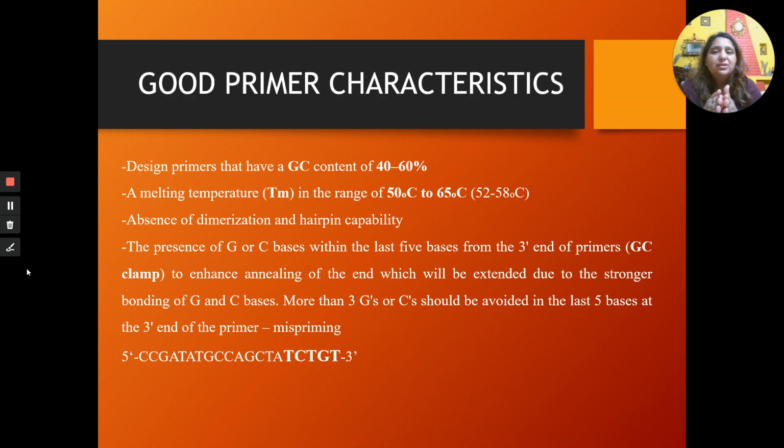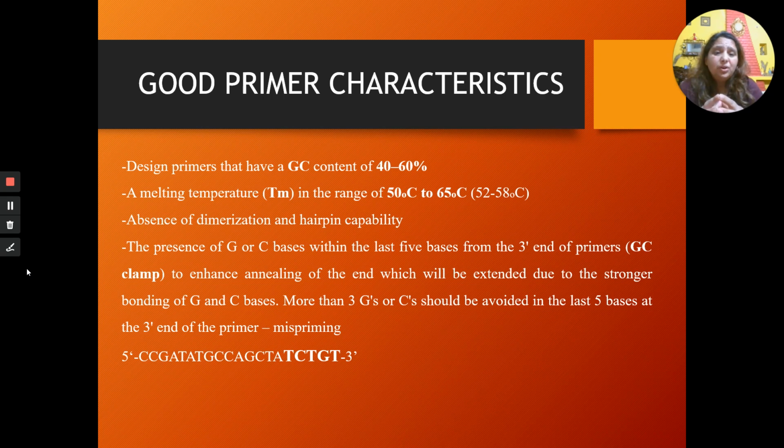During a PCR reaction, there is first annealing of the primer, and then during the cyclic process, there is again denaturation of the DNA, and then renaturation. So if the primer binds very strongly to the DNA sequence, it will be difficult to break the bond. Another important point is that the melting temperature of the primers must range between 50 to 65 degrees Celsius. I'll talk about it later.